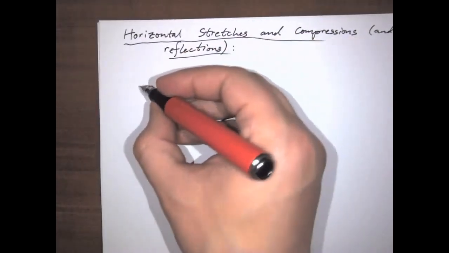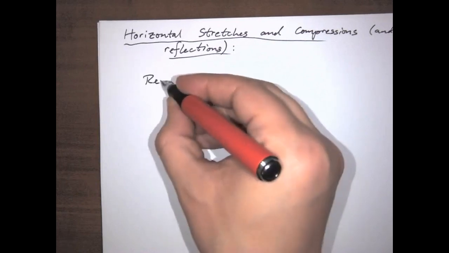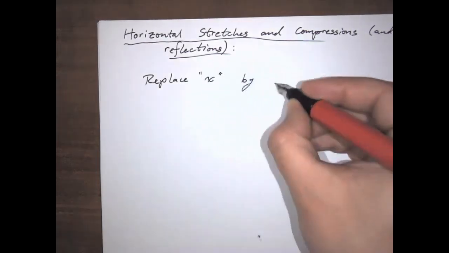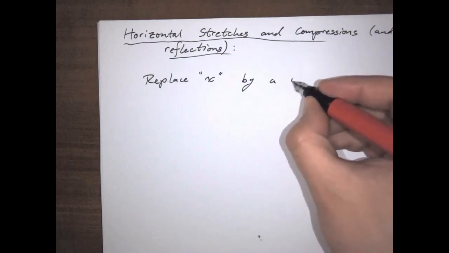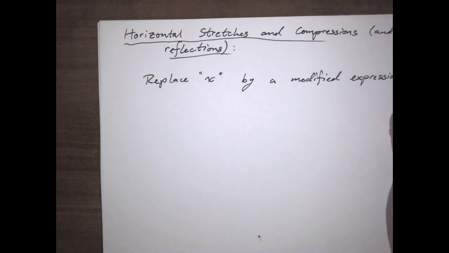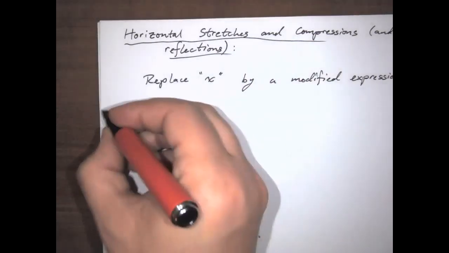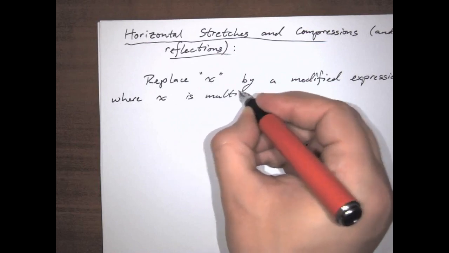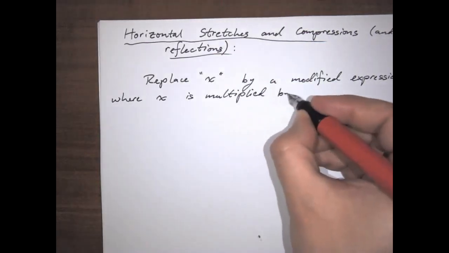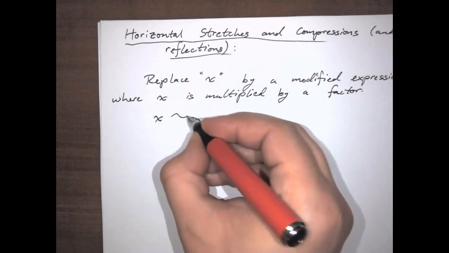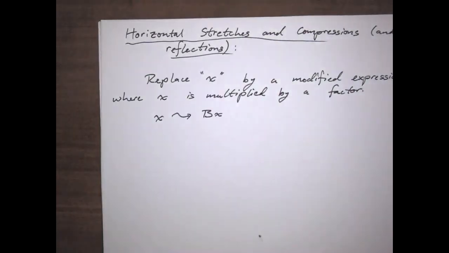So the idea here is that now we replace x by a modified expression where x is multiplied by a factor. So x becomes, we could say, just bx.